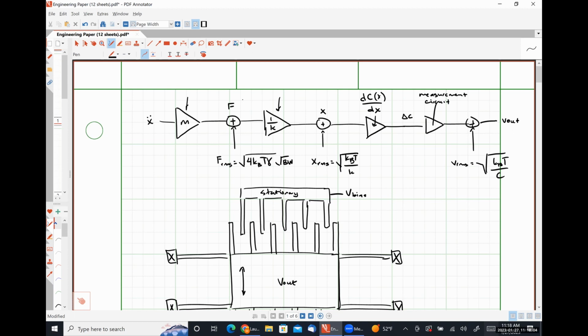So I'm going to have you calculate what the RMS noise acceleration will be if all of the noises that I've indicated here, damping, spring noise, and capacitor noise, are correlated and uncorrelated, which is literally just you add them together or you sum the squares and take the square root kind of thing.